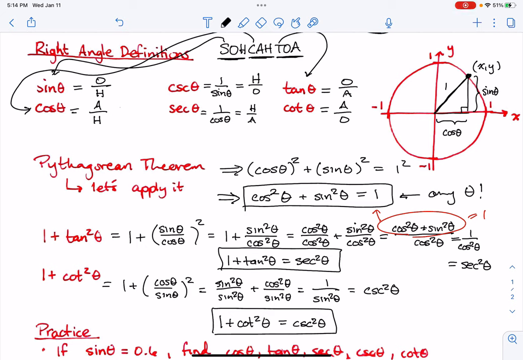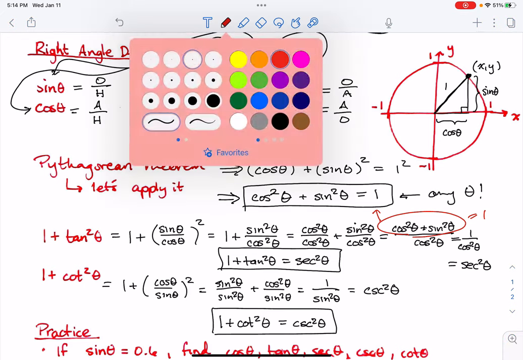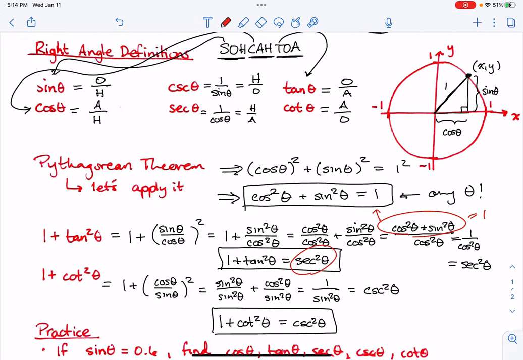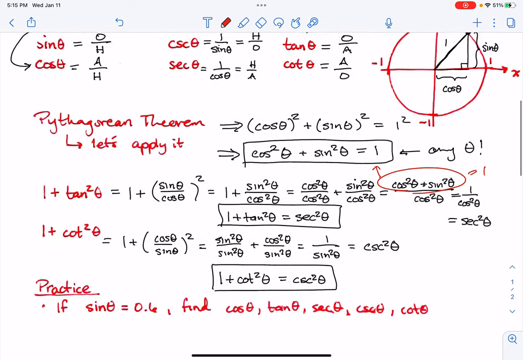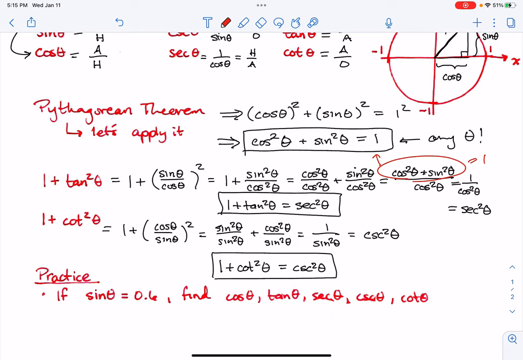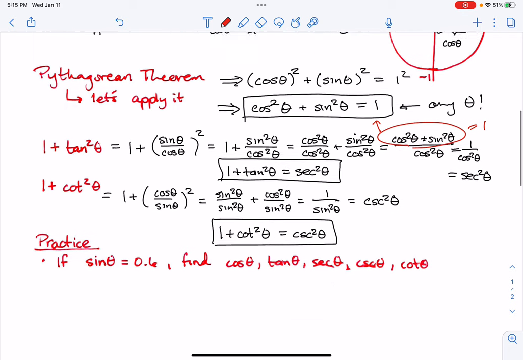If you get into calculus and you're doing things like integrals or derivatives, it is so much nicer to work with something like this as opposed to something like this in different cases. So you want to be able to translate back and forth between the right side and the left side so that you can simplify your work. There are just situations where this is really helpful for us to know.